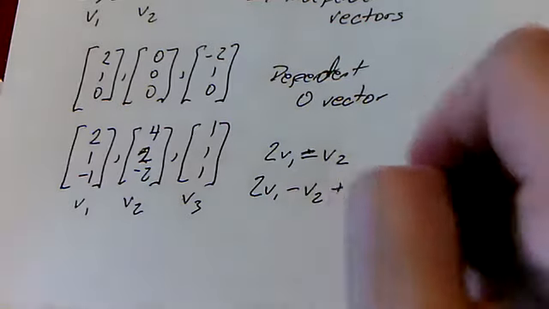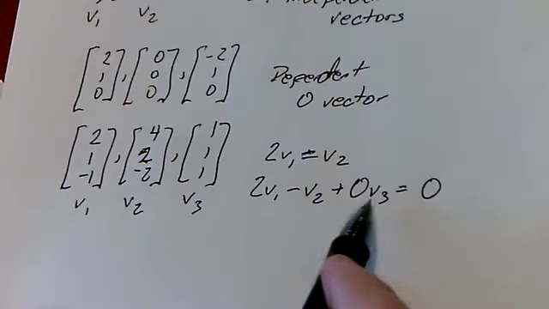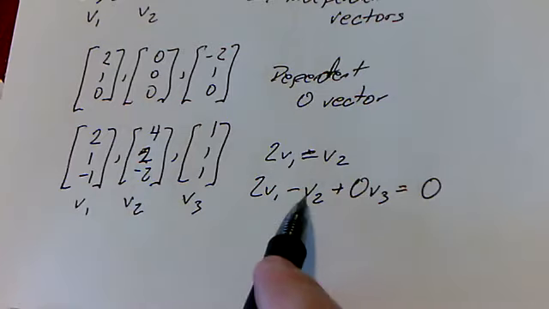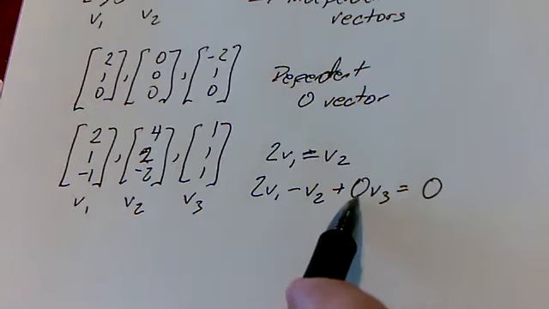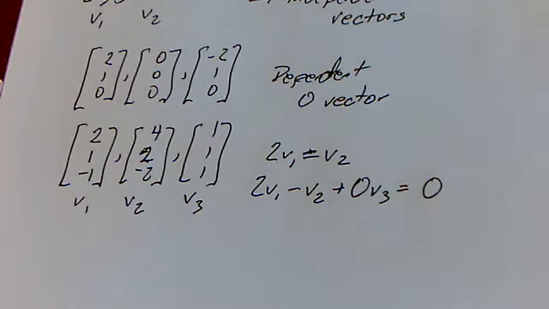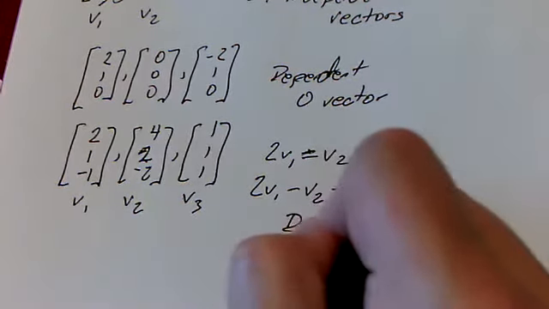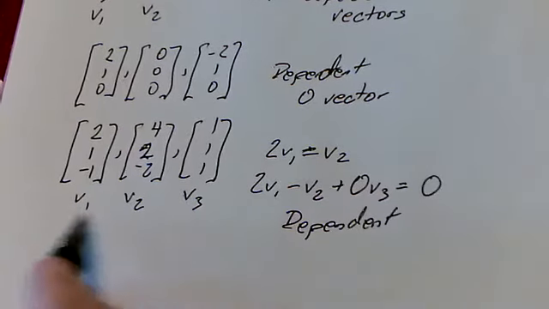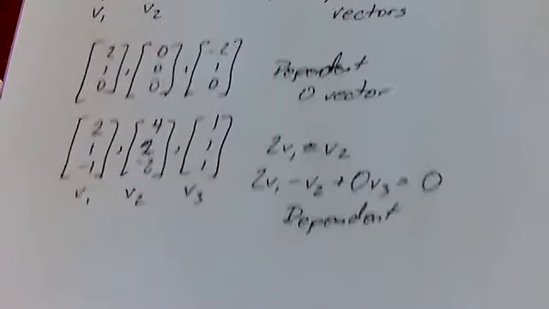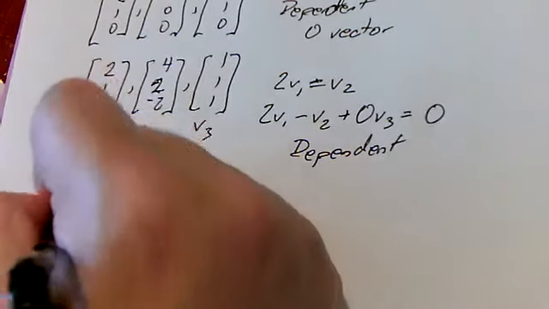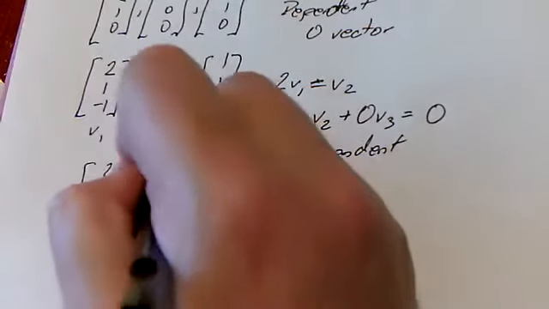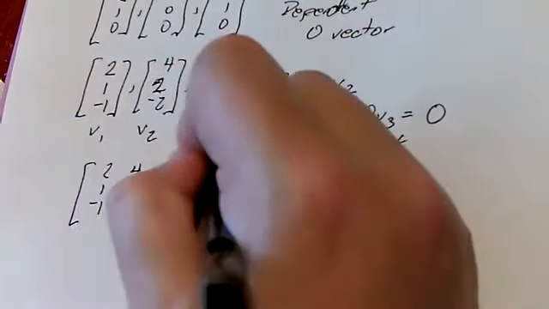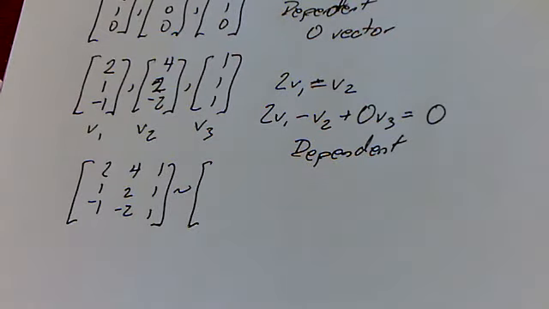But remember, it's okay for some of your weights, some of your linear weights or your coefficients or your x's, it's okay for some of those to be 0. They just can't all be 0. So these vectors are dependent because I have two vectors that are multiples of each other. Now, if you didn't recognize that they were multiples of each other, you could just set up your matrix and then use your calculator to row reduce that matrix.